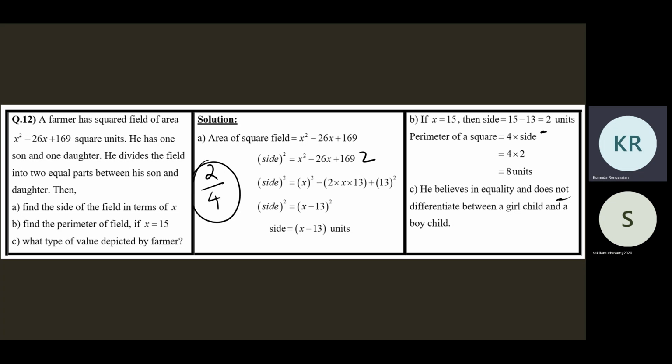It's only 4 into side. So you're wrong. Yes, Mom. And I made a silly mistake that 15 minus 13 is 4, Mom. That's why I didn't get it. Okay. Correct. So you don't get marks for the second part.